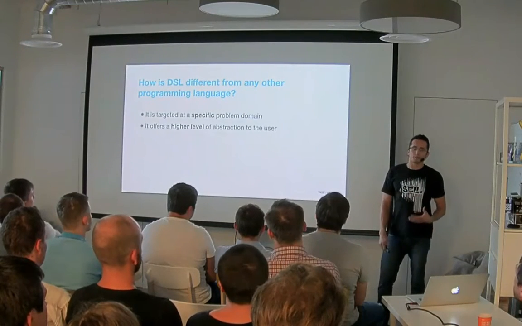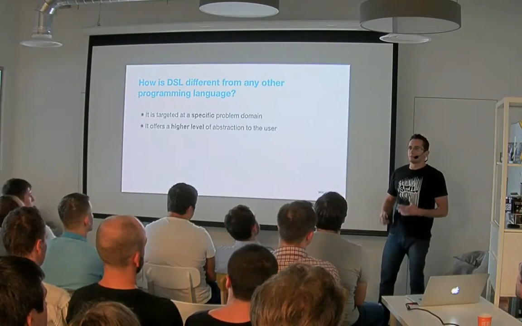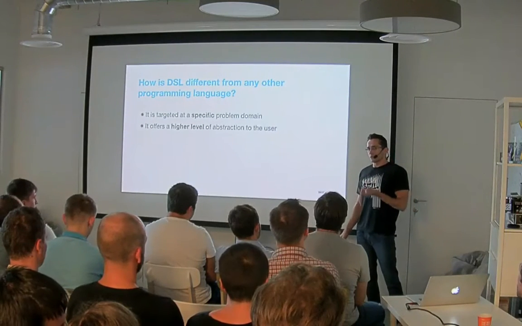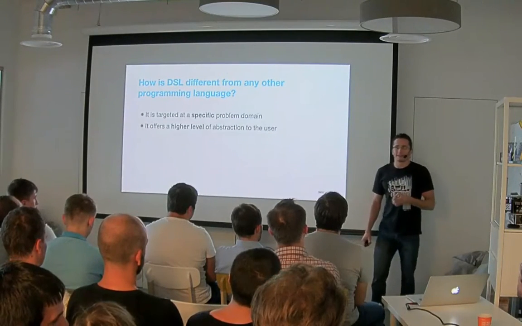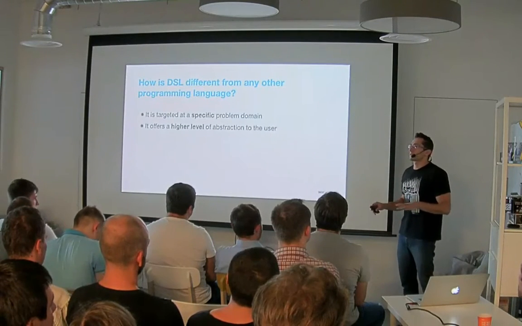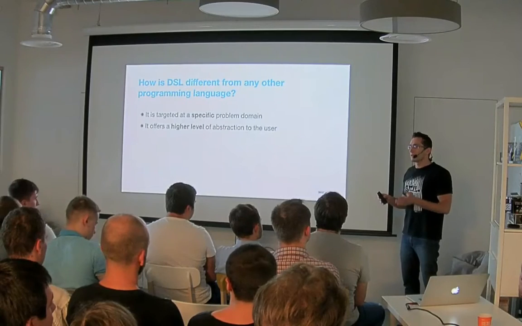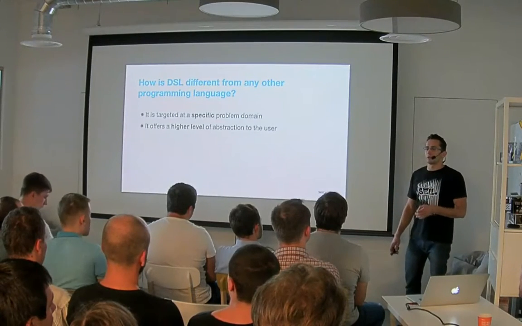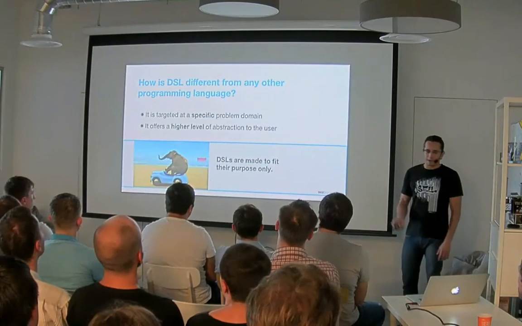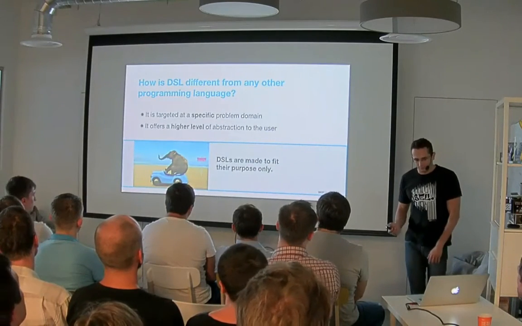With a general programming language, I can model everything and anything. With a DSL, I can model one thing, but in a much more expressive way. The fact that a DSL contains nothing extra helps me focus on the problem I'm trying to solve. And finally, DSLs are made to fit their purpose only.